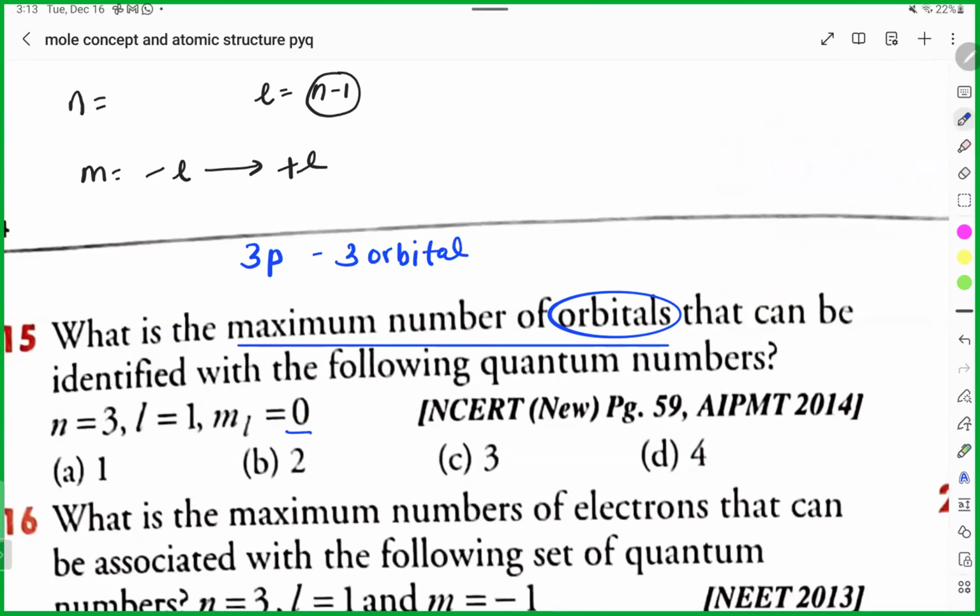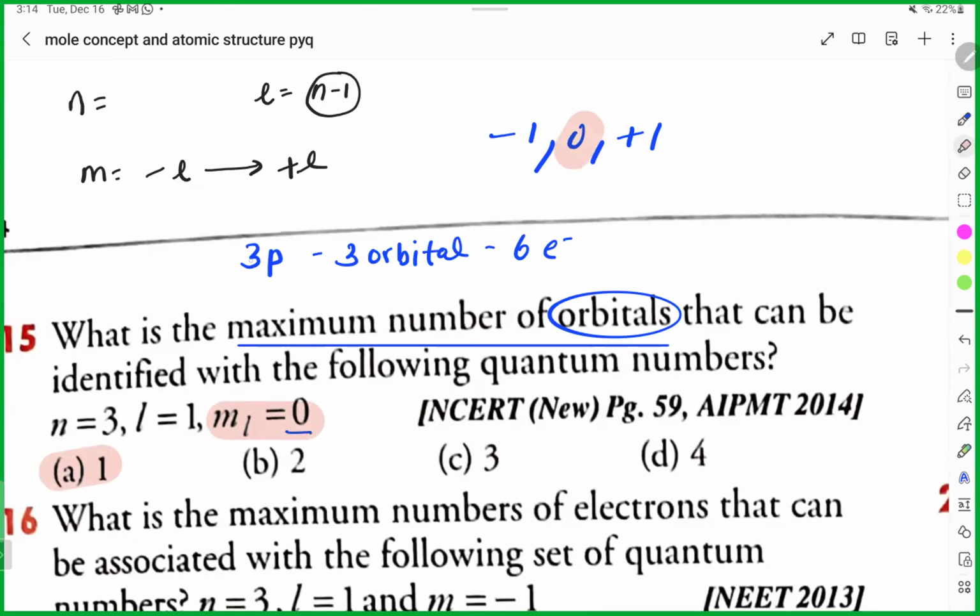Correct? 6 electrons and 3 orbitals. But it is not asking total p. It is asking only for this one. Because there are 3 orbitals, minus 1, 0, and plus 1. Yes or no, guys? So for only 0, 1 orbital.